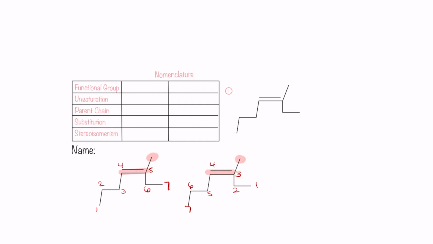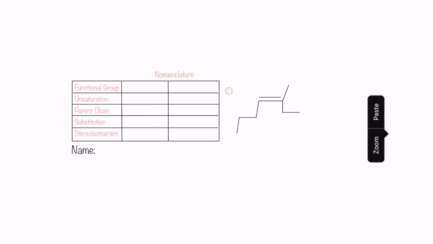So who's better? This substituent, right? Because it has the lower number. So the lower the numbers are, the better. So we're going to go ahead and say that this guy is the way to go, and that this guy is wrong. Now we can go ahead and erase those. Now let's number our chain. So we said that the best way to number our chain is this way.